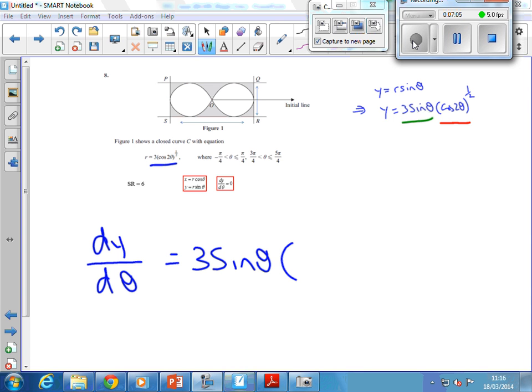So we're left with minus sine 2 theta cos 2 theta to the minus half.